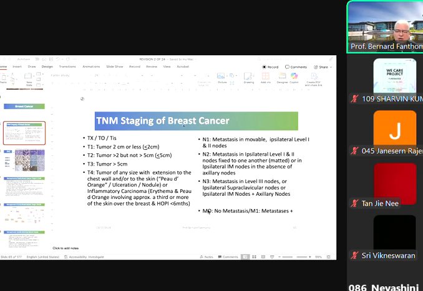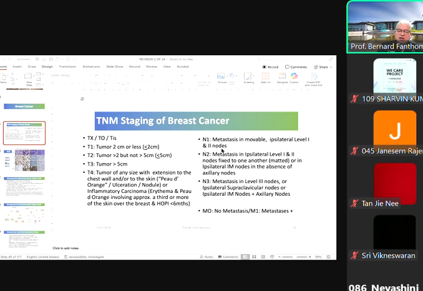Okay, now for the N category, N1 means that the nodes are movable and ipsilateral, level 1 and level 2. So they are movable and discrete, they are separate. Whereas in N2, the level 1 and level 2 ipsilateral nodes are fixed to each other, and there is no internal mammary node involvement.